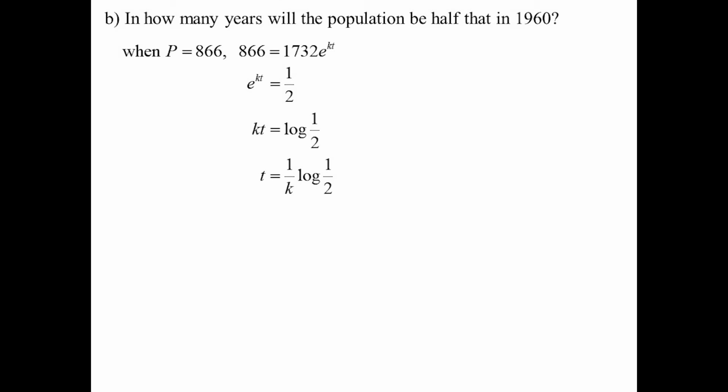Store that in the memory of the calculator, use that, rather than use the approximation, because with something like an exponential, which rises pretty quickly, you could get a rounding error if you use the approximation. So I'd be storing that exact value of k in the memory of your calculator for this. So t is 1 on k log a half, which actually happens to be the formula for half-life. Where do you do that? Physics? Chemistry? Yeah, so that's where the formula basically comes from.